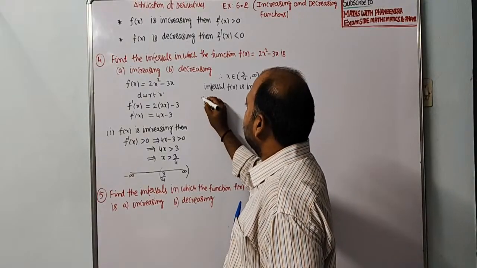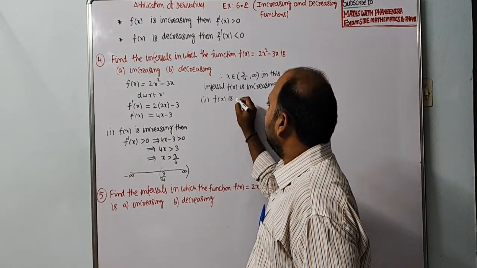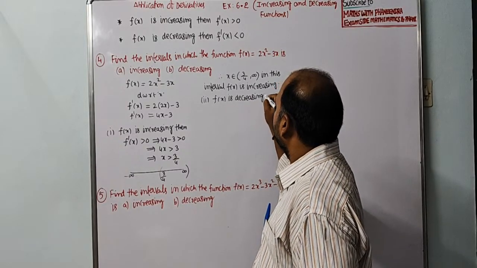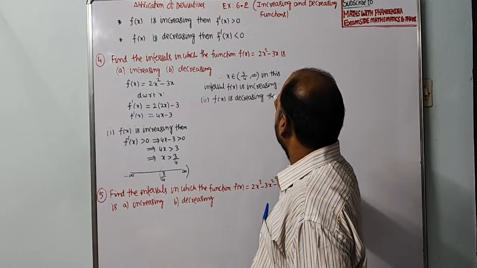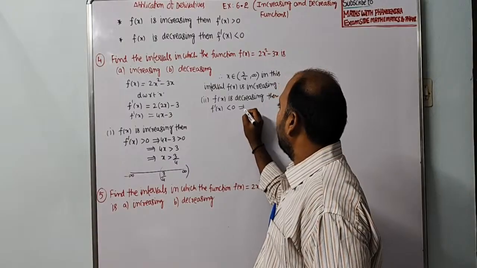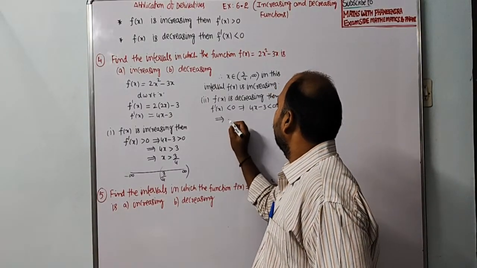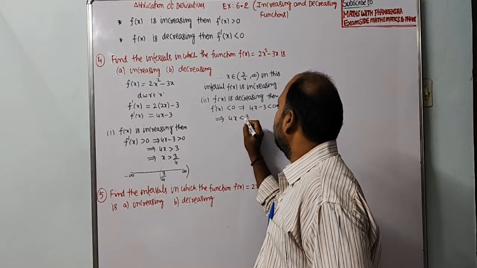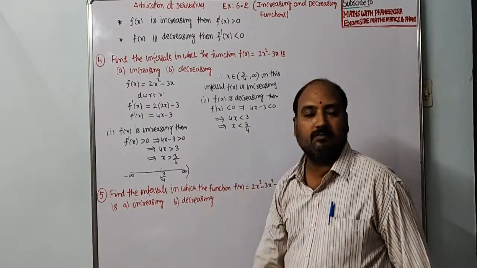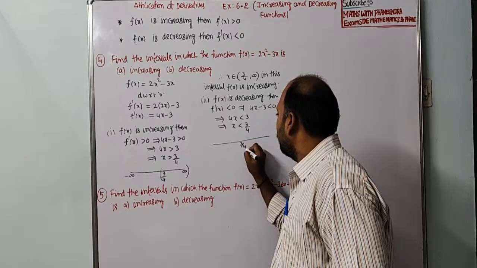Second one, decreasing in what interval? f of x is decreasing. Then f dash of x is less than 0. That implies 4x minus 3 is less than 0. So 4x is less than 3. That implies x is less than 3 by 4. On the real number line, minus infinity to plus infinity, this is 3 by 4.